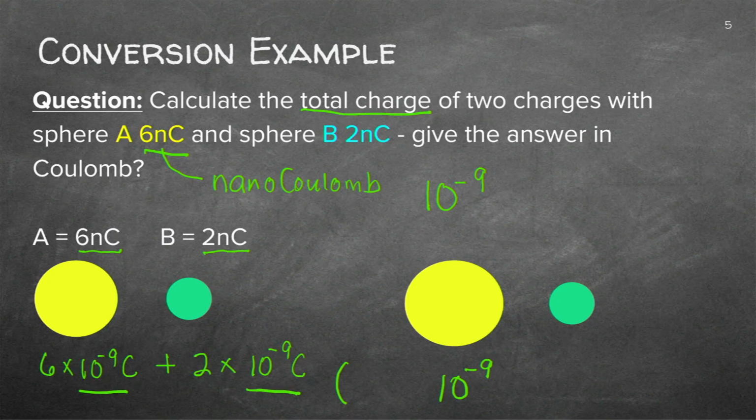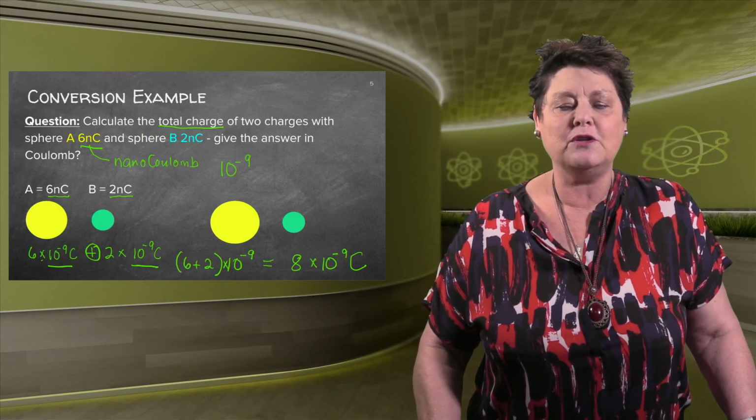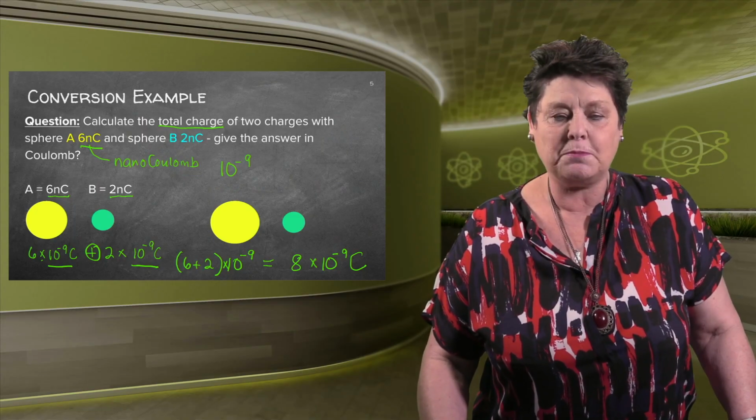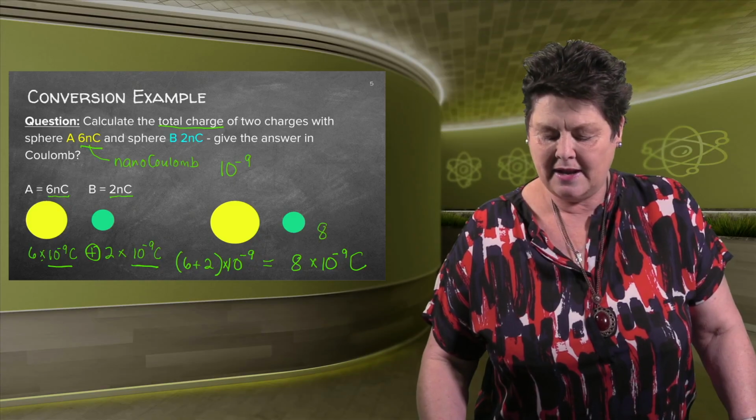What I'm left with is 6 plus 2, multiplied by 10 to the minus 9. So what do I have? My total charge will be 8 times 10 to the minus 9. And the unit is now coulomb. So I took the nanocoulomb with another nanocoulomb, and I actually got the total charge of 8 times 10 to the minus 9 coulomb, or I could now express it as 8 nanocoulomb.